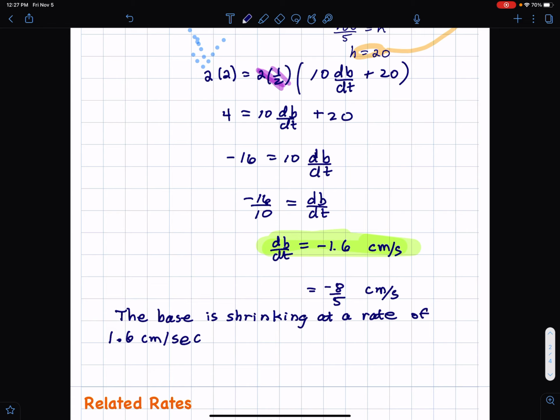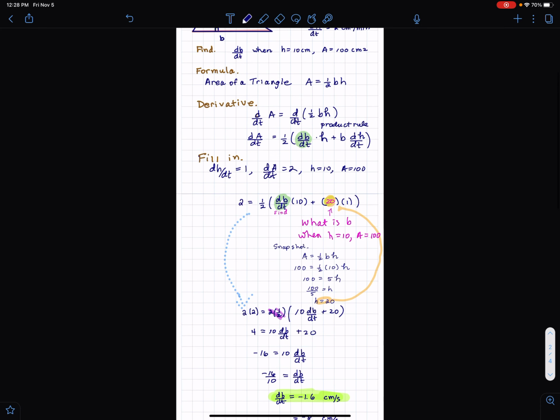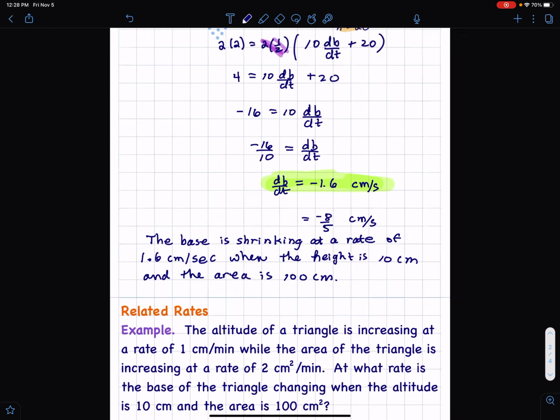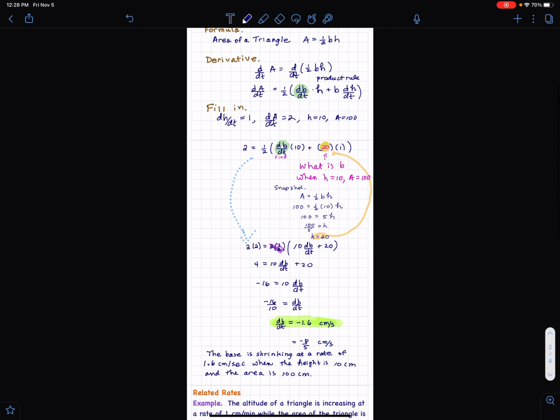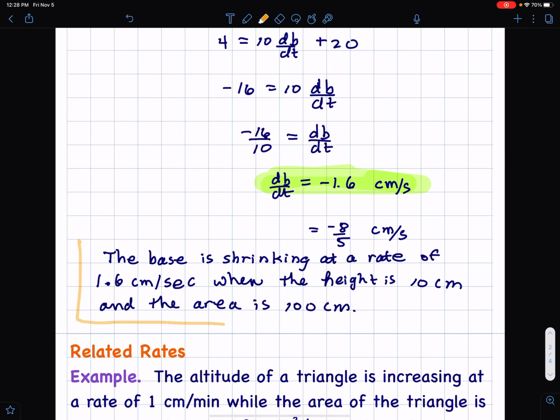When the height is, okay, do I need to write all that down? I feel like it's too much. It's 10 centimeters, and the area is 100 centimeters. It depends sort of on your teacher whether you want that little paragraph there or not.